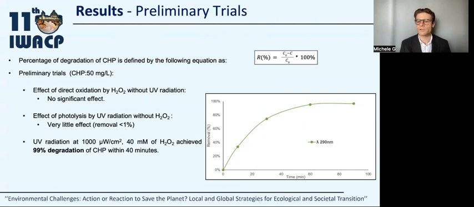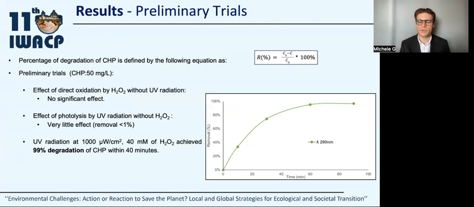The chloramphenicol degradation always started at a concentration of 50 milligrams per liter in our experiments. The percentage of degradation of the antibiotic, which was used in the study, is defined by the equation on the top right, where the difference between the initial and final concentration of antibiotic is divided by the initial concentration of antibiotic in the cells and made into a percentage.